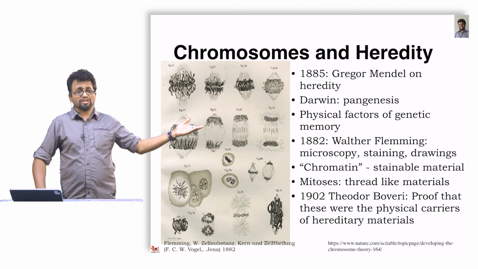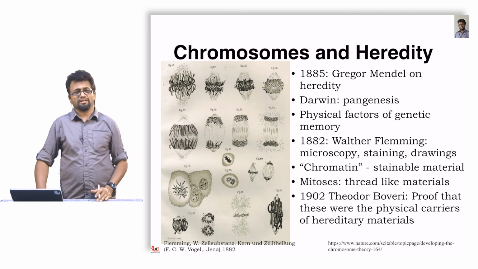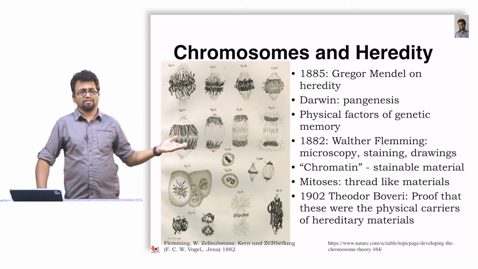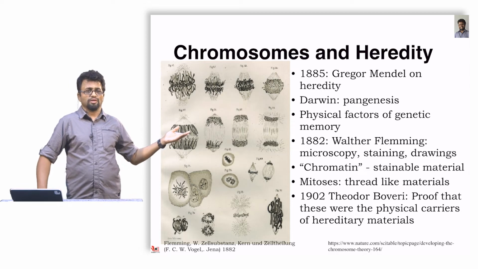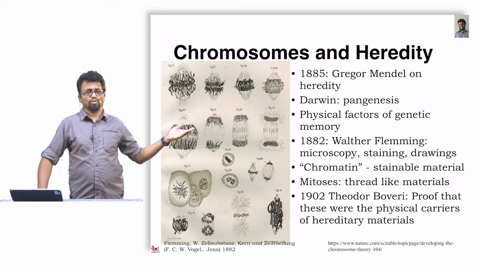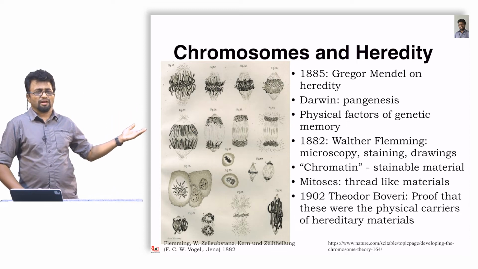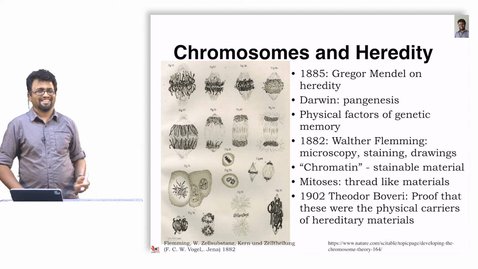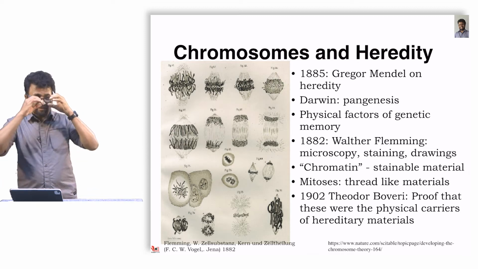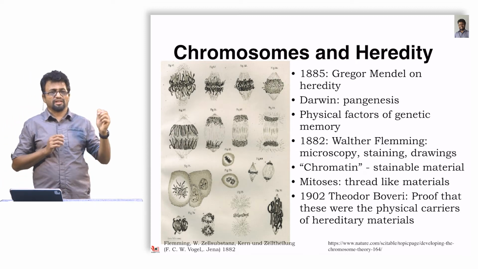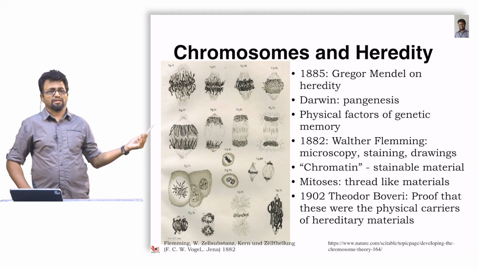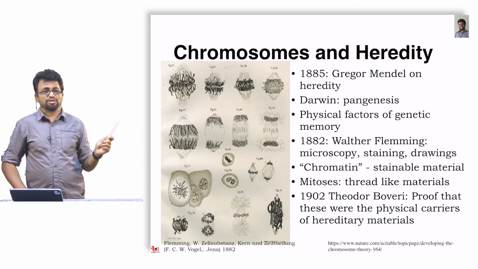This search for the physical factors of genetic memory led, in 1882, Walther Fleming to start doing some of these beautiful microscopy images. By the way, these are hand drawn. They are drawn based on microscopic observations and camera lucida drawings by Fleming, where he managed correctly.